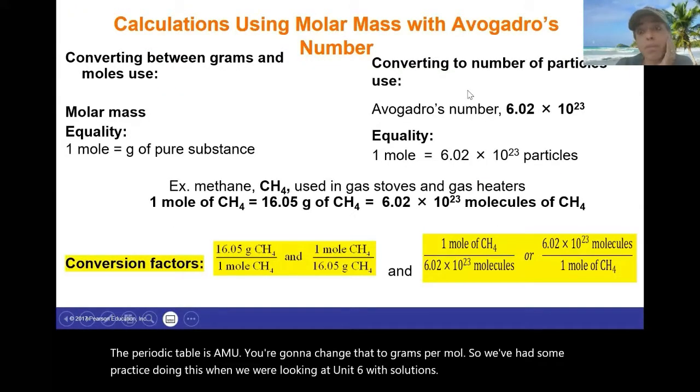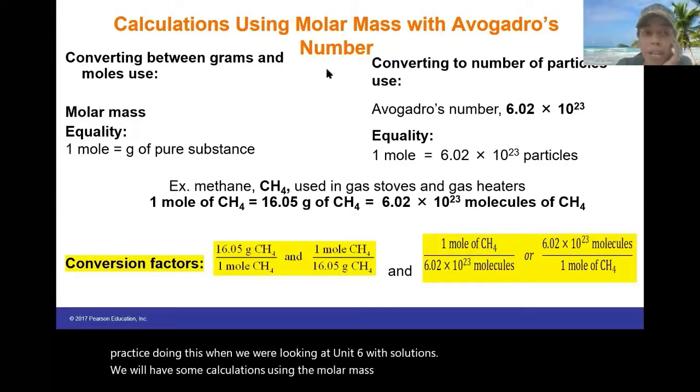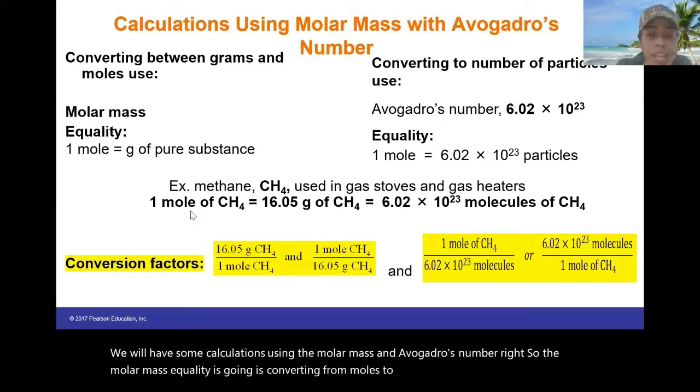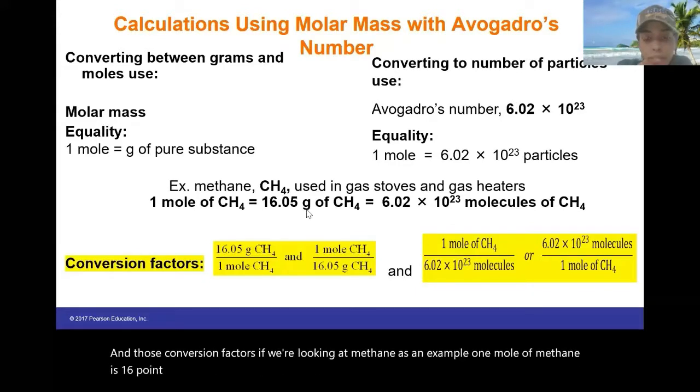Now, we will have some calculations using the molar mass and Avogadro's number. So the molar mass equality is converting from moles to grams. And for those conversion factors, if we're looking at methane as an example, 1 mole of methane is 16.05 grams of methane.